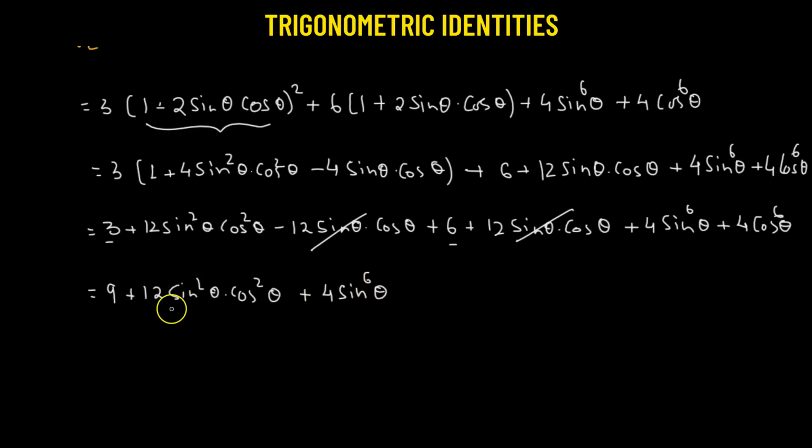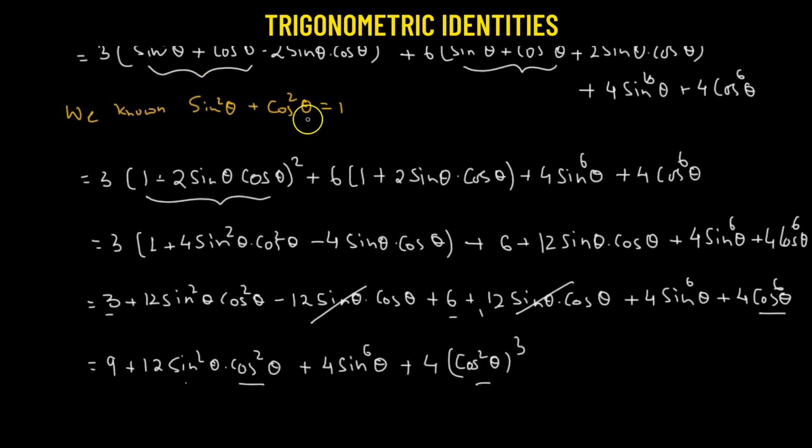Now here we can rewrite cosine theta raised to the power of 6 as (cosine squared theta) whole raised to the power of 3. The reason we're doing this is that we're going to convert all the cosine functions to their sine equivalent, because we already know that sine squared theta plus cosine squared theta equals 1, which means that cosine squared theta can also be expressed as 1 minus sine squared theta.